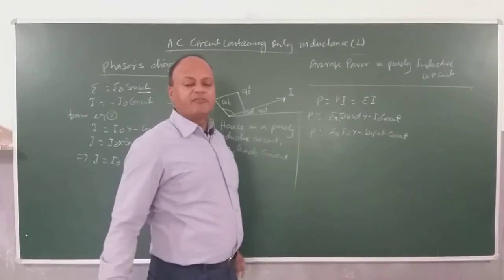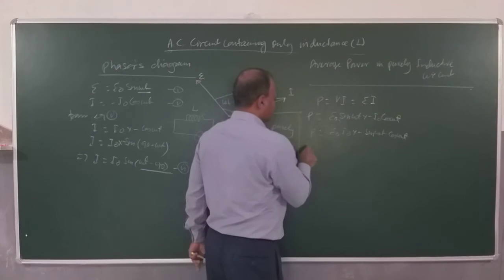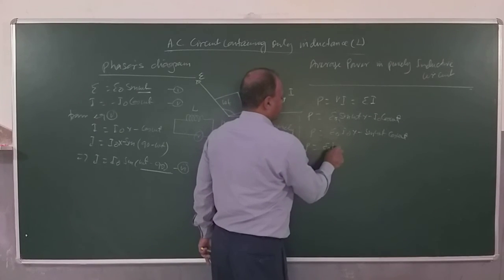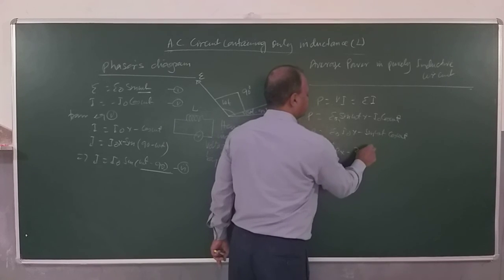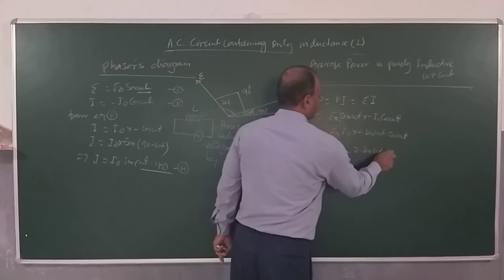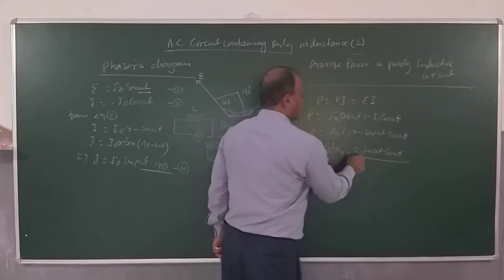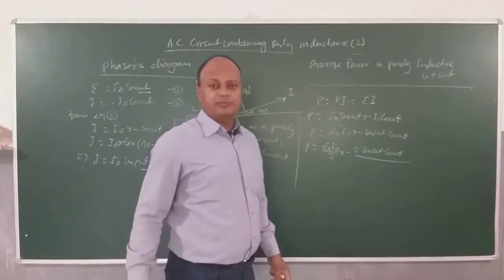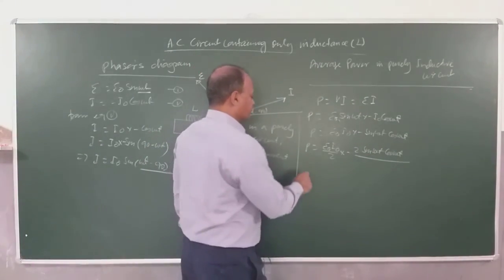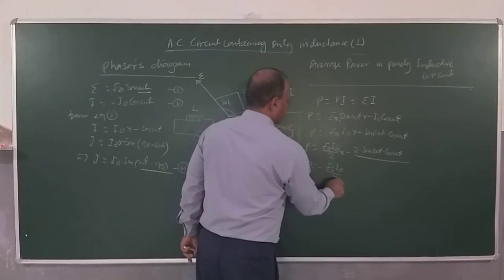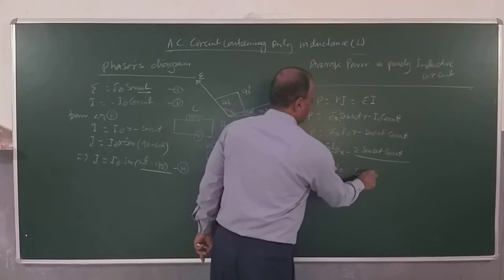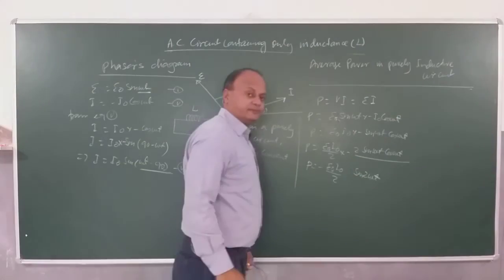We can multiply and divide by 2. So P becomes E naught I naught by 2 into minus 2 sin omega t cos omega t. And 2 sin theta cos theta is how much here? Sin 2 theta. So P becomes minus E naught I naught by 2 sin 2 omega t.